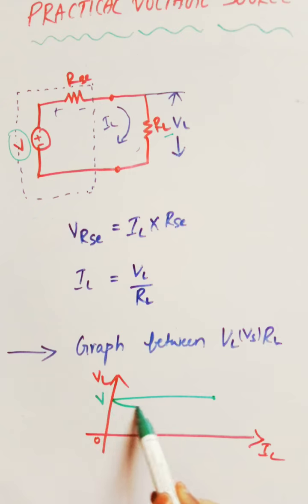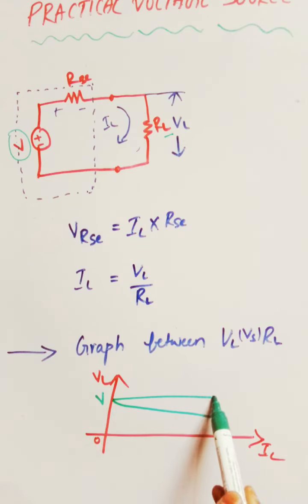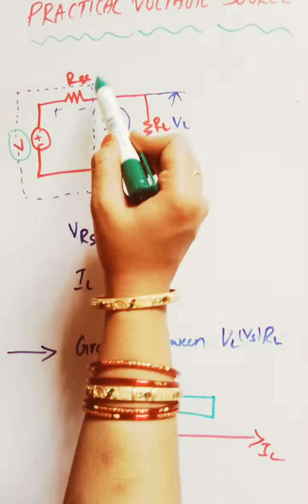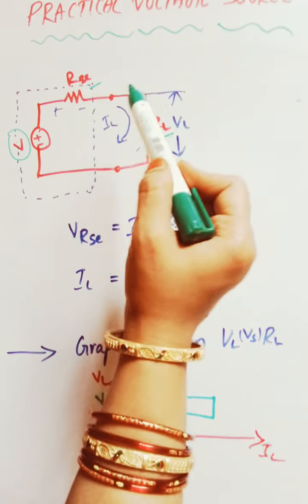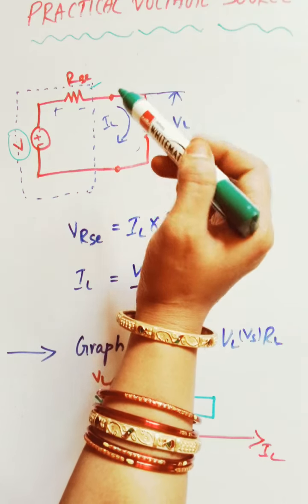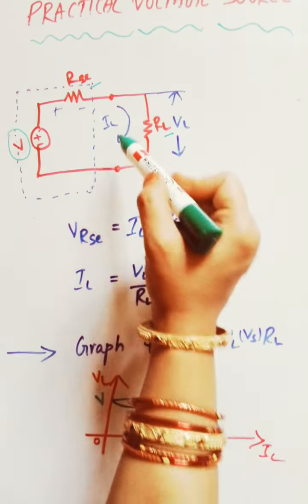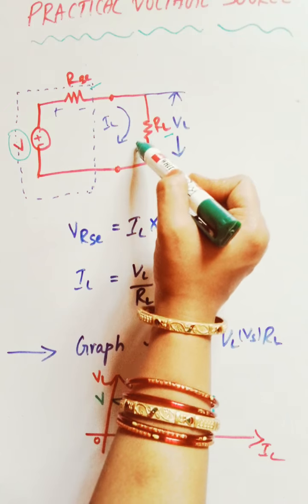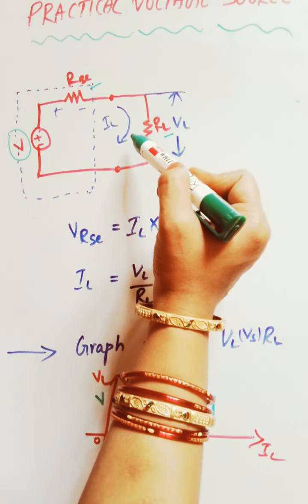The voltage will be dropped, and this dropped voltage is not fixed. It depends upon the values of RSE as well as IL, the load current. I have to write a simple equation.